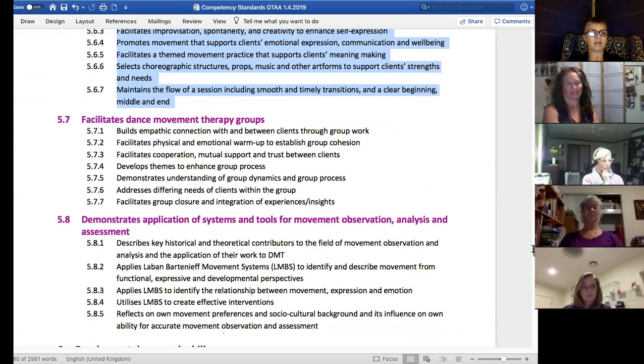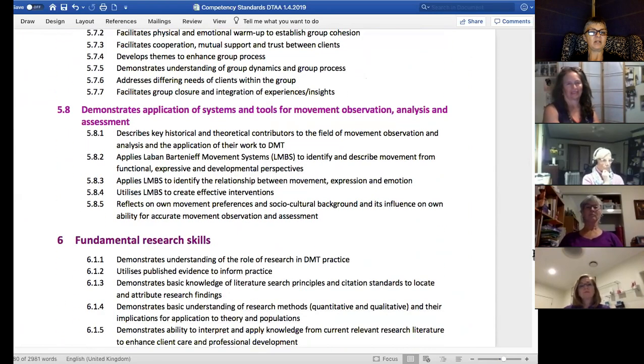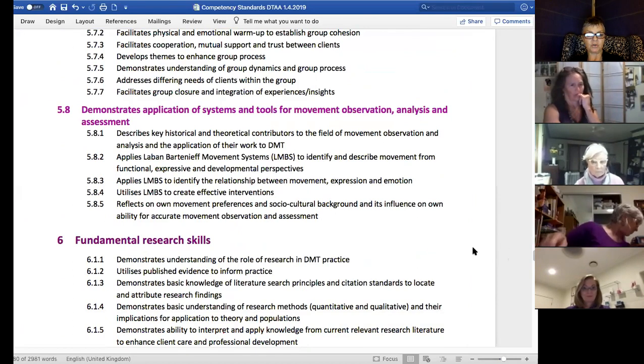We facilitate groups, and we demonstrate application of systems and tools for observation, analysis, and assessment. And that's the end of my section there. So, just responding to the question before about KMP.